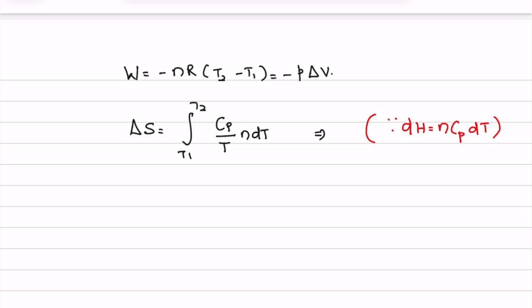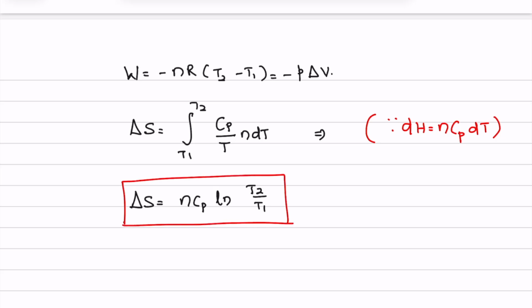That implies delta S, change in entropy, is equal to nCp ln T2 by T1. This is the isobaric process.